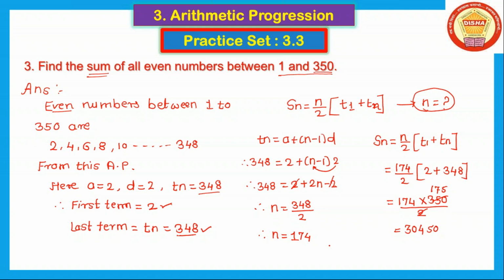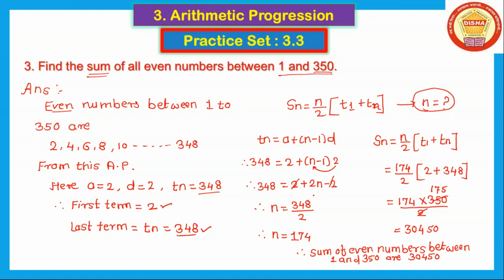So below that we write our statement: the sum of even numbers between 1 and 350 is 30,450.